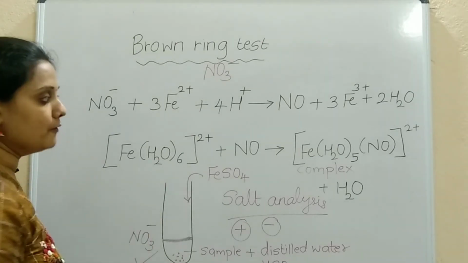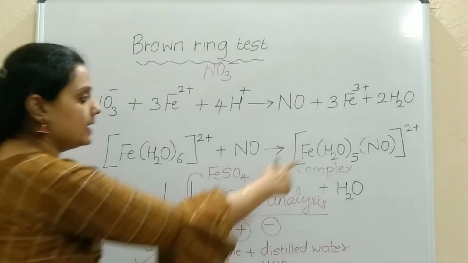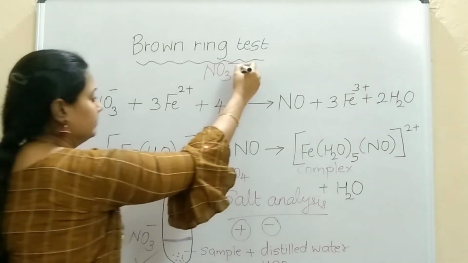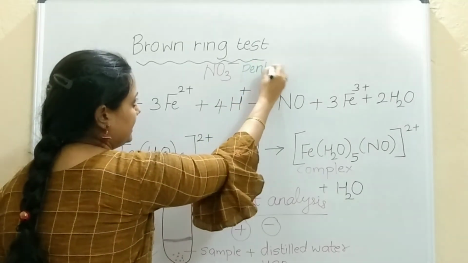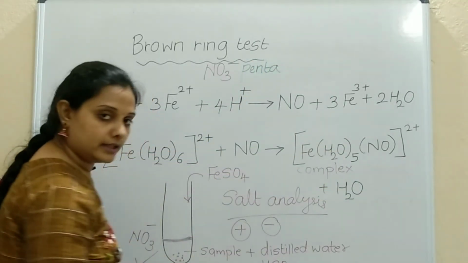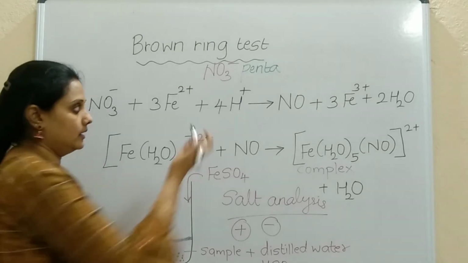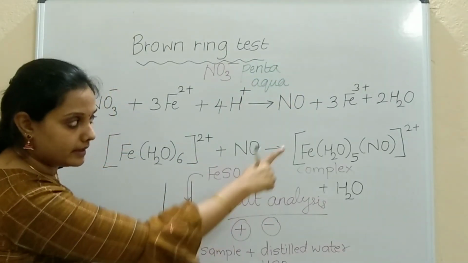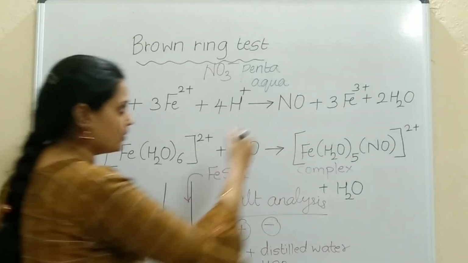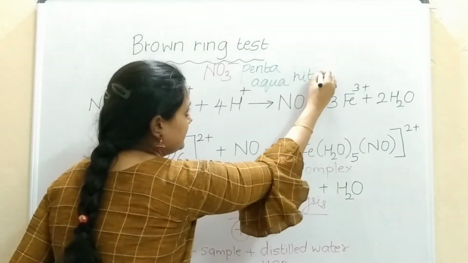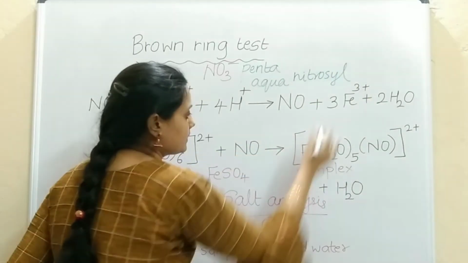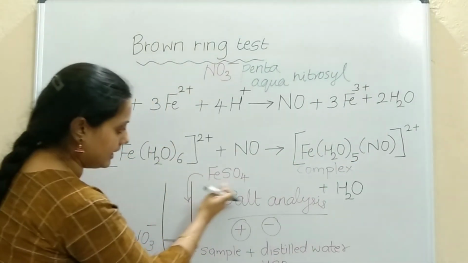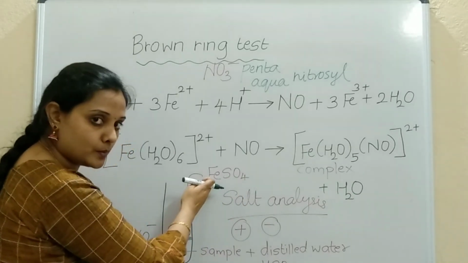What is the name of that complex? That is penta, because 5 are there, so penta. Water is written as aqua, so pentaaqua. NO is the nitrosyl, so pentaaquanitrosyl. Fe2 plus, here also Fe2 plus, right.